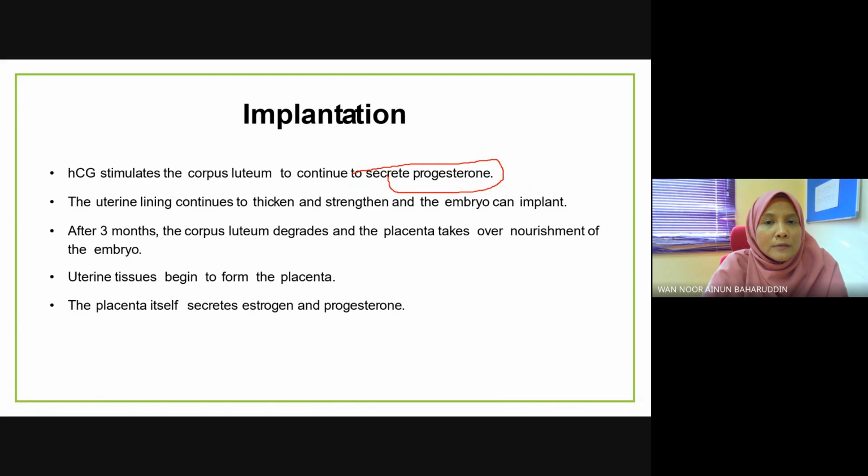The uterine lining continues to thicken and strengthen, so the embryo can implant there. After 3 months, the corpus luteum degrades, and its role is taken over by the placenta for nourishment of the embryo. The uterine tissues begin to form the placenta. The placenta itself can secrete estrogen and progesterone, not the corpus luteum.